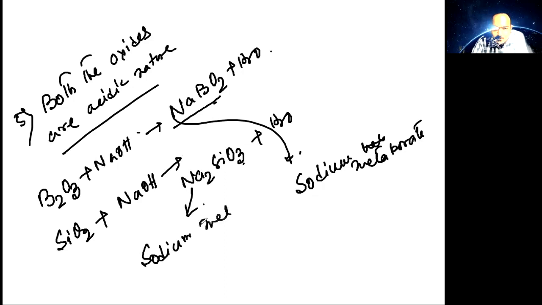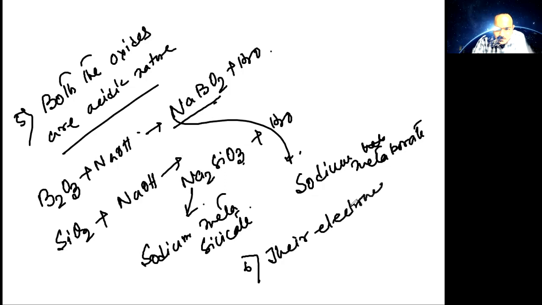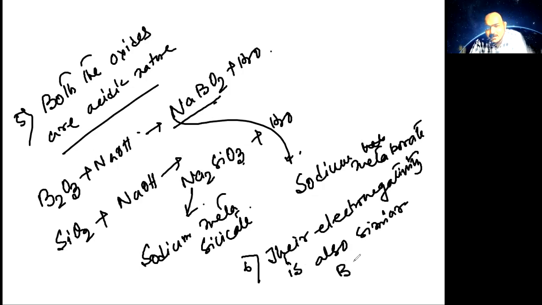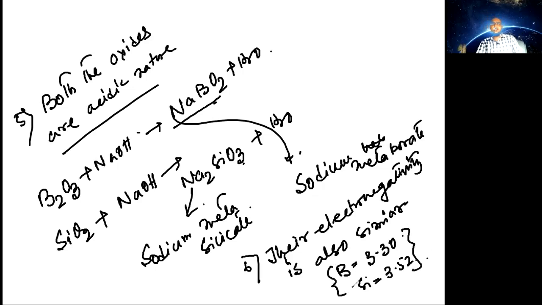Number 6 point is that their electronegativity is also similar. I think boron is about 3.30 and silicon is near about 3.52. So these are the electronegativities of boron and silicon.